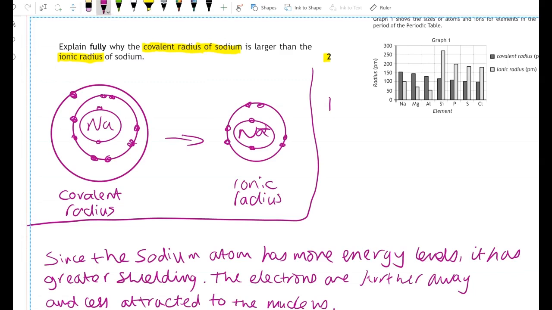Okay, so that would then be your second mark. It's worth saying that I focused on the sodium atom for the second part of my answer, but you could also write that the sodium ion has fewer energy levels and so less shielding, and the electrons are closer to the nucleus and more attracted. Either of those would get you the answer. There's no preference.